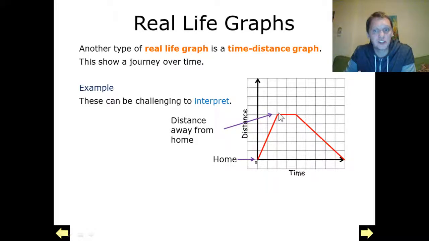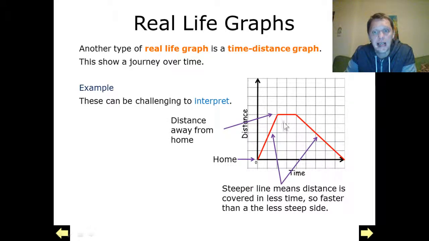At the highest point, or the furthest away that you get, this is the distance that you are away from home. And here, lines going up and down with different steepness actually tell us how fast the person or the event is travelling to or from home.